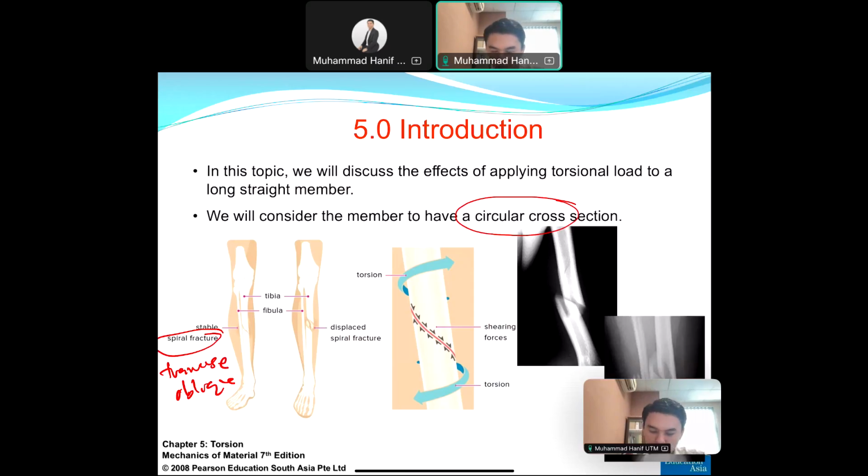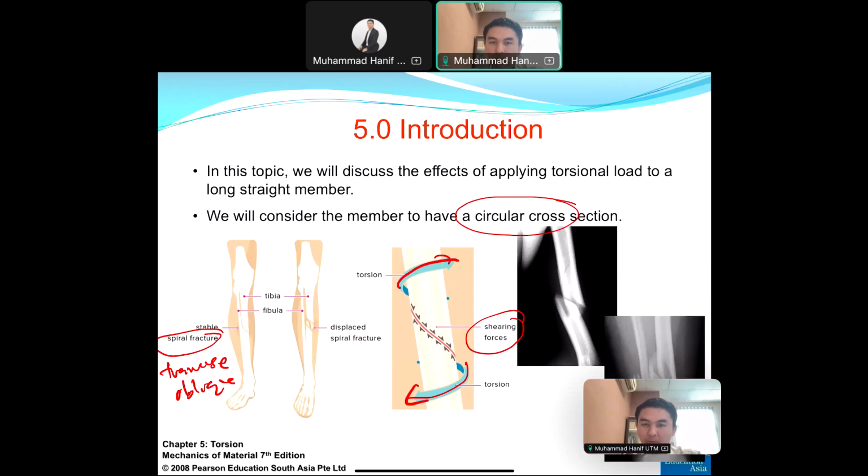Okay, the second picture shows the torsion in a different direction. This one illustrates the spiral fracture because of the shearing forces on the bone itself.